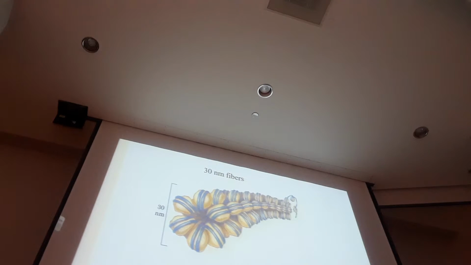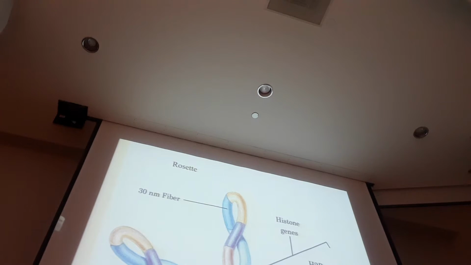And ultimately, of course, you have to have a condensation factor that brings your length, let's say that is in the centimeter range, down to microns or something like this. Okay? So you can calculate yourself what it is from centimeter to microns. Okay, so then you find that in textbooks also that these fibers, these 30 nanometer fibers, can be looped, and then these loop structures may be arranged about scaffolds that are formed by proteins.